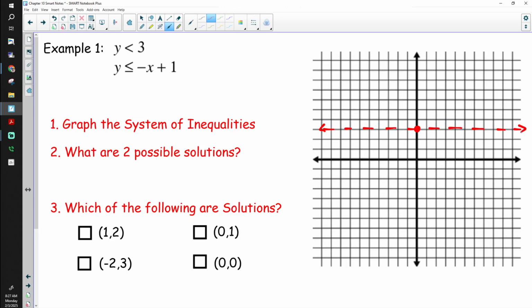It's dotted because this is a less than sign. And I'm going to shade everywhere underneath. So take your colored pencil and give it a nice shading everywhere underneath.